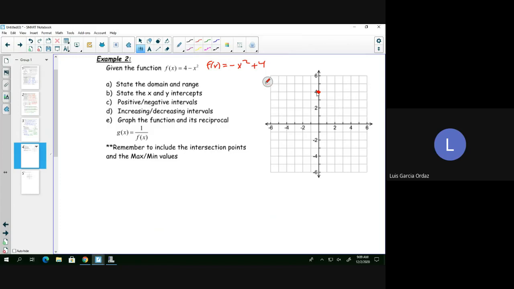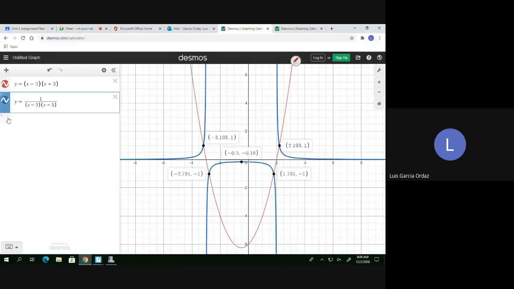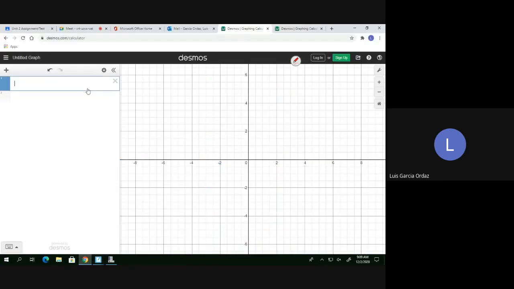Negative. So we get x minus 2 and x plus 2. So this is a parabola that is opening downwards. I'm just going to check where this graph is equal to 1. Negative 1.7.